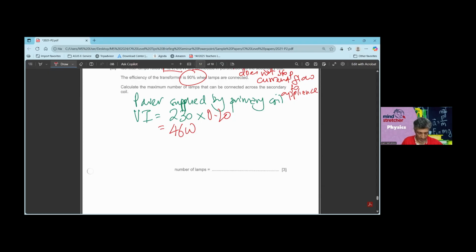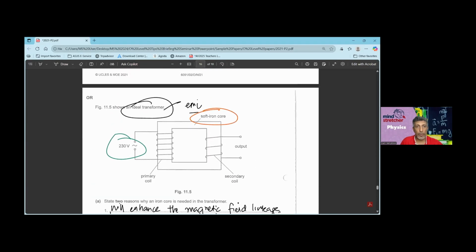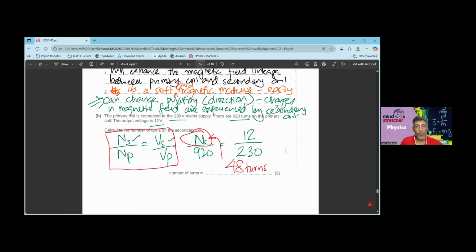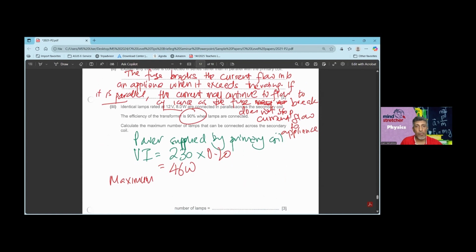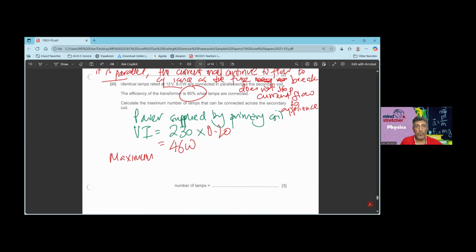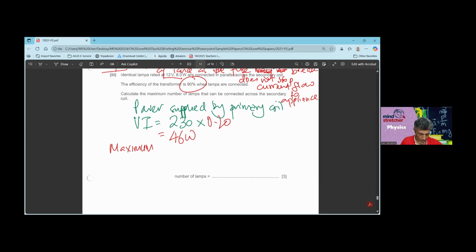So maximum power in secondary is 90% of 46 watt, 41.4 watt.